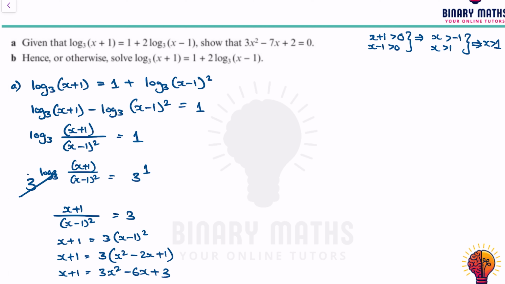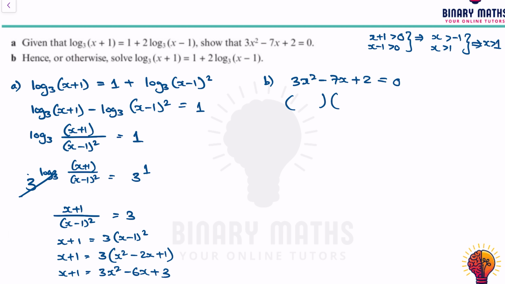Hence or otherwise solve. Okay, remember these conditions that I'm talking about. x has to be greater than 1 to be a solution. Because it says hence, I need to use what I've got already. So I've got 3x squared take away 7x plus 2 is equal to 0.